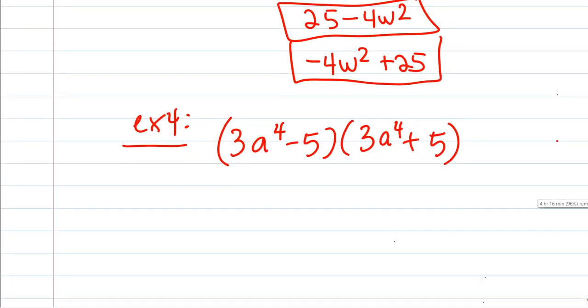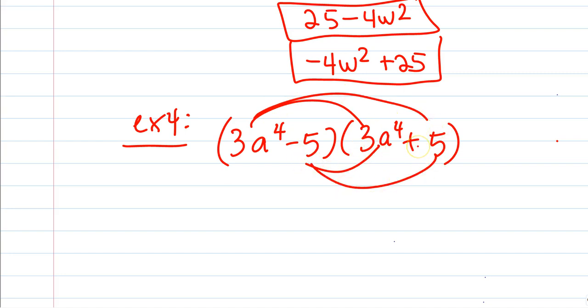3a to the 4th minus 5 times 3a to the 4th plus 5. Still the same pattern, still the same process. Don't go straight to an answer, it's not worth it. 3 times 3. A to the 4th times a to the 4th.